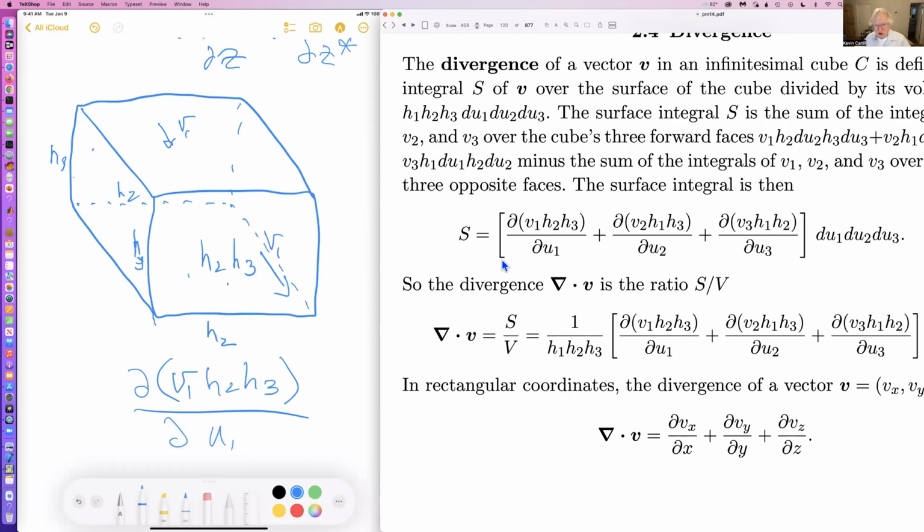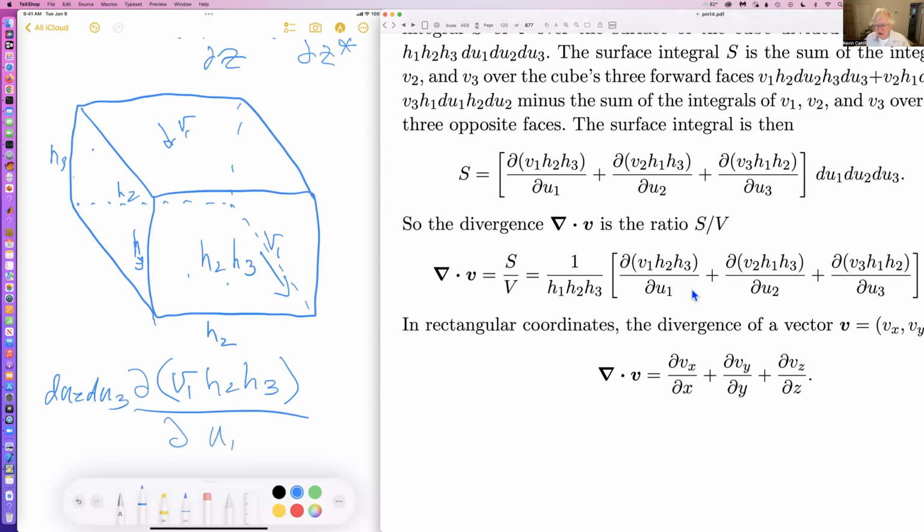And so the ratio of the surface integral, which is this times du2, du3, for example for one face, to the volume gives the contribution for that direction. So the divergence is the sum of things like this for each of the three directions.